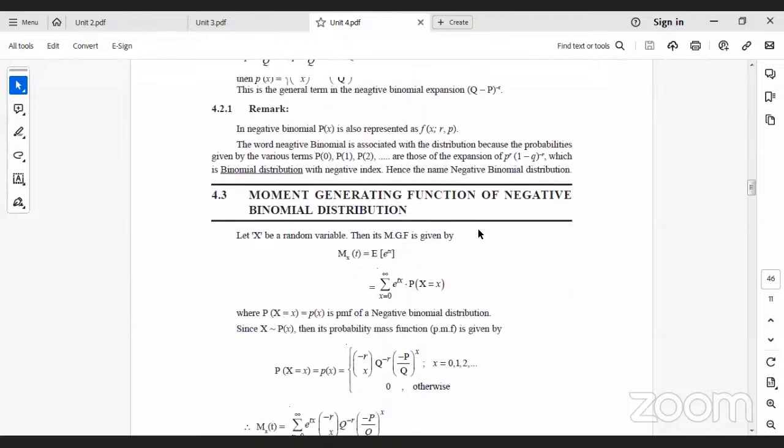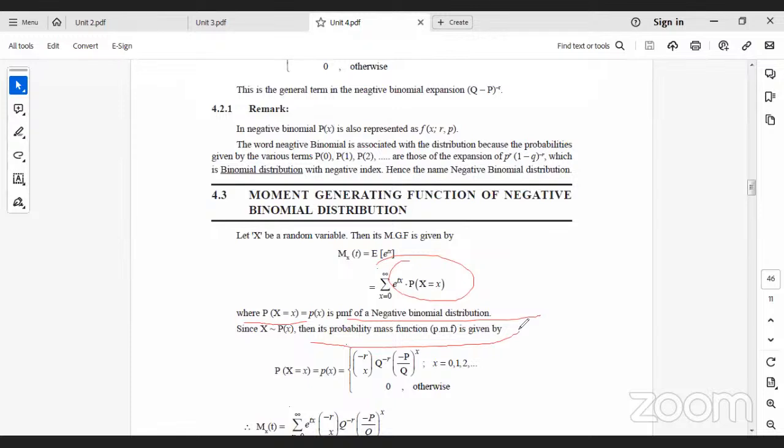Moment generating function of negative binomial distribution. For the random variable x, the moment generating function MGF, M of x of t, is equal to the expectation of e power tx, which is the summation over x equal to 0 to infinity of e power tx into p of x, where p of x is the probability mass function of the negative binomial distribution.